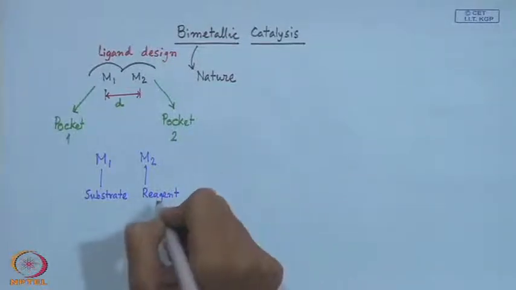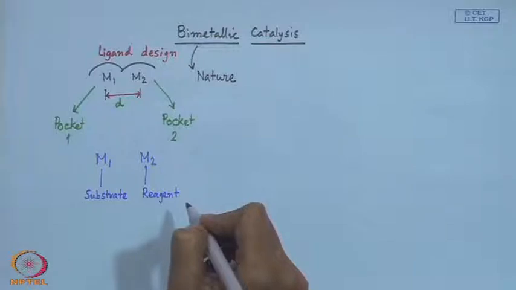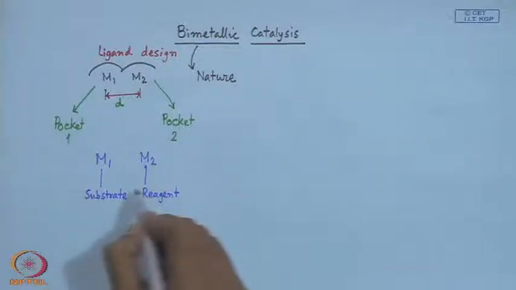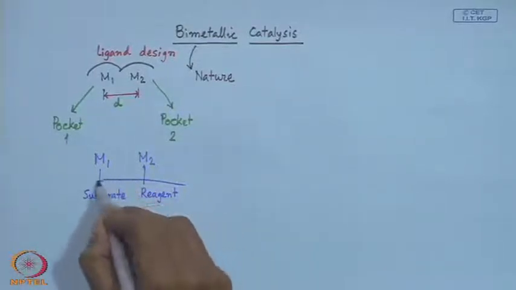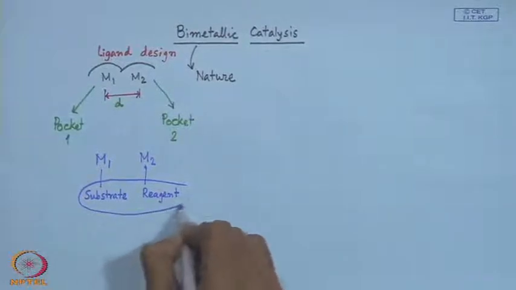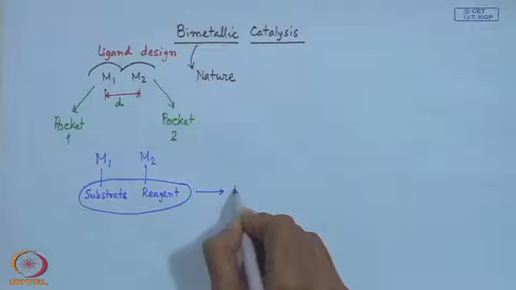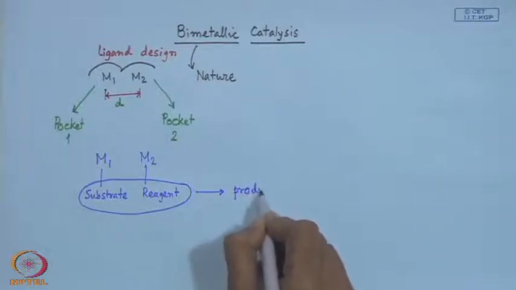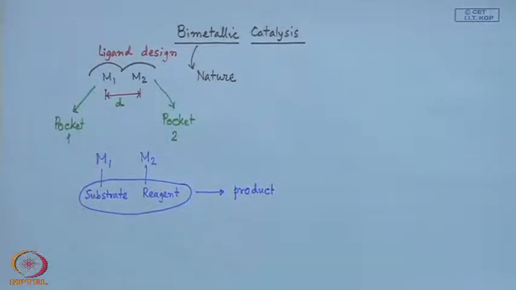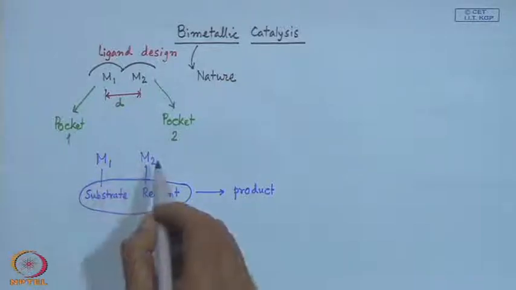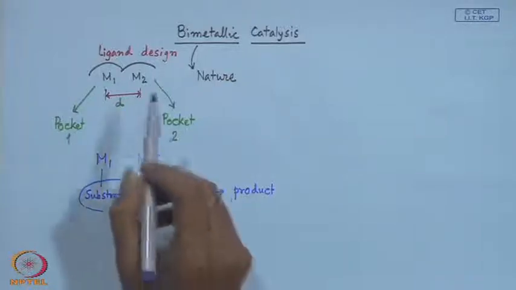It can be your water molecule or your hydroxide anion, and then the reagent and substrate will react, giving you your product. So, that is the idea of why we take these two metal centers in a particular system.